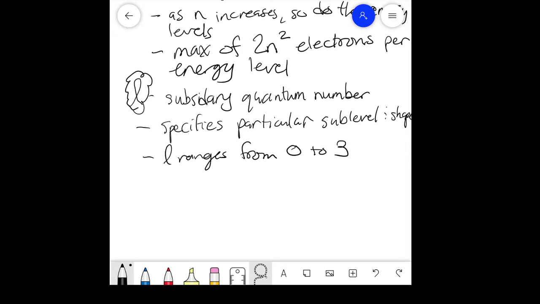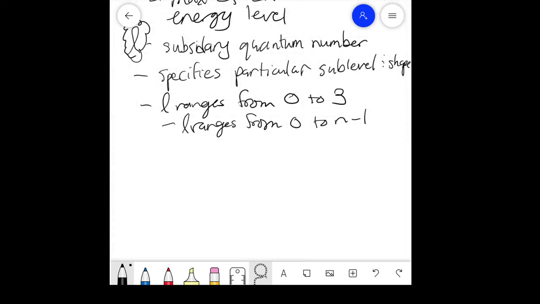Since L depends on n, really your L ranges from 0 to n minus 1. Since there are 4 L values, that means there are 4 different types of orbitals.